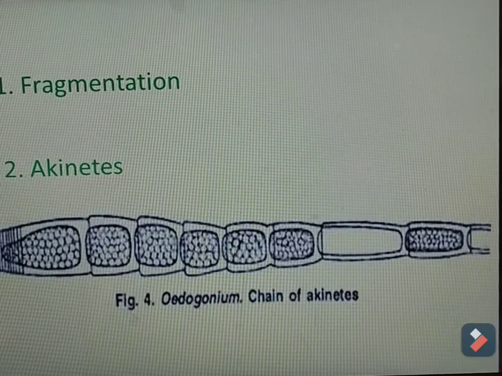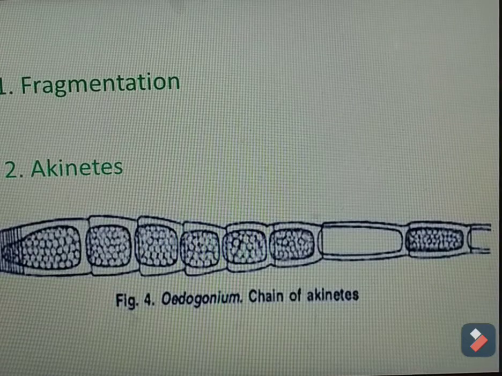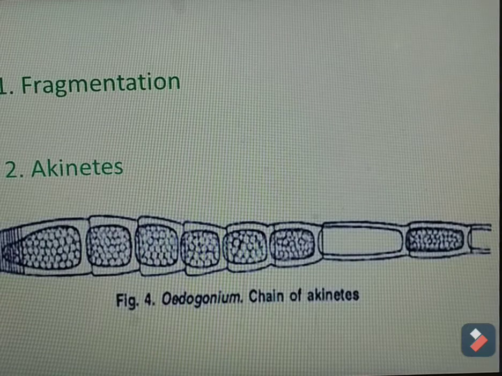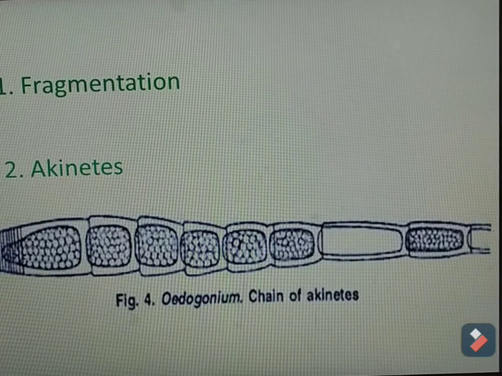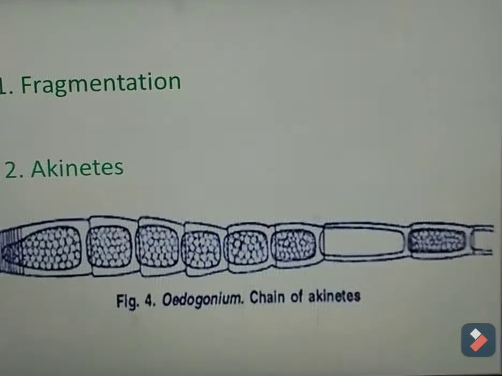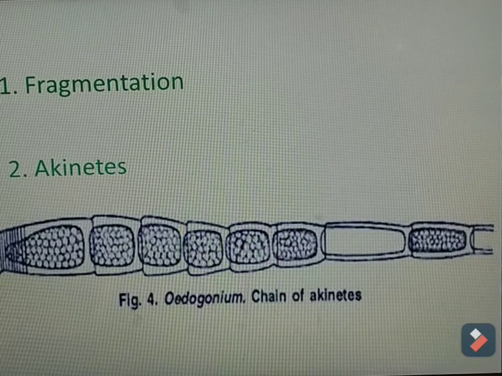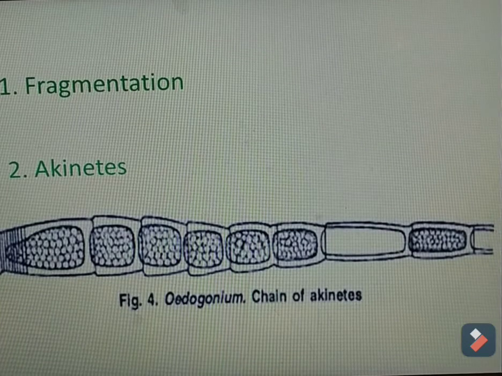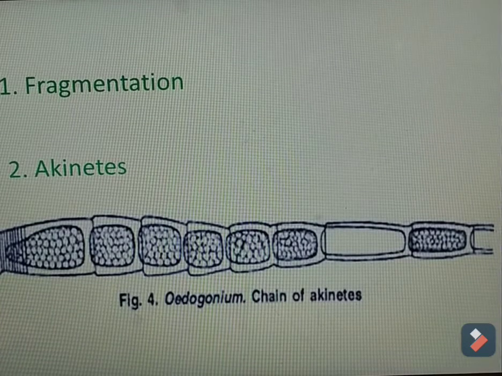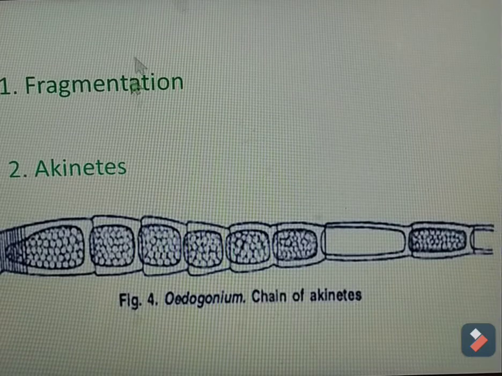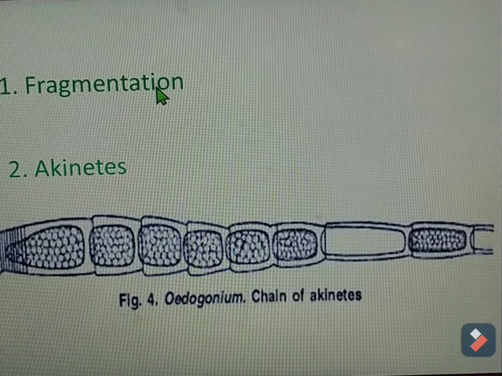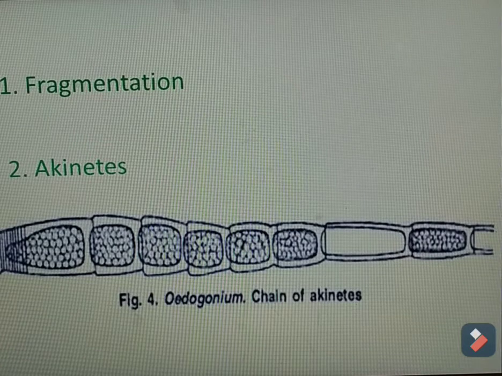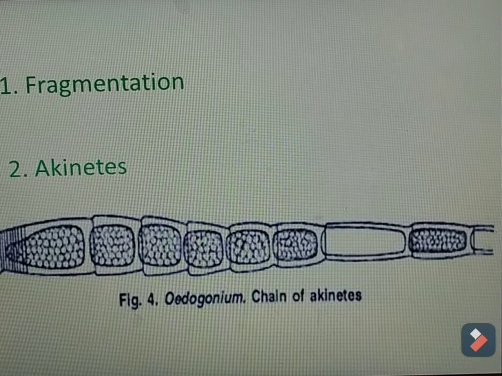Vegetative multiplication takes place by either of these two methods, fragmentation and akinetes. In fragmentation, like many other algae, small fragments of the Oedogonium filament have the capability to grow into complete filaments under favorable conditions.